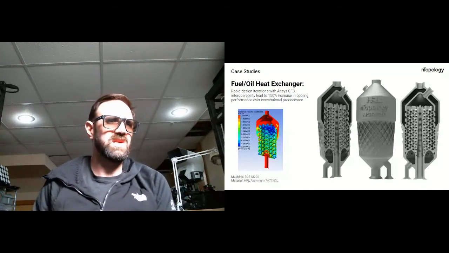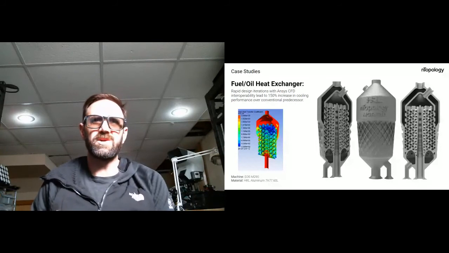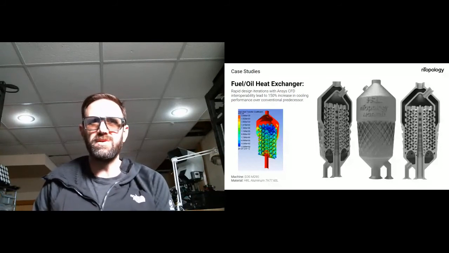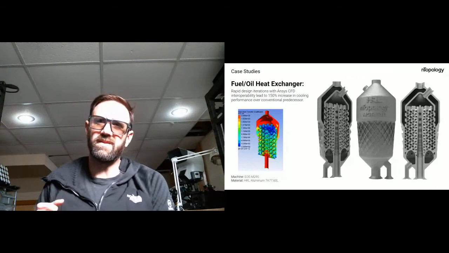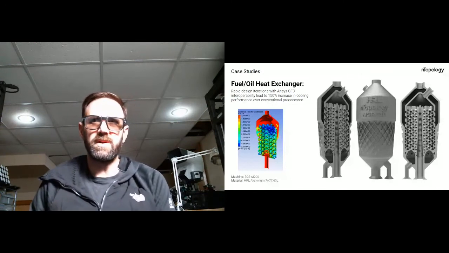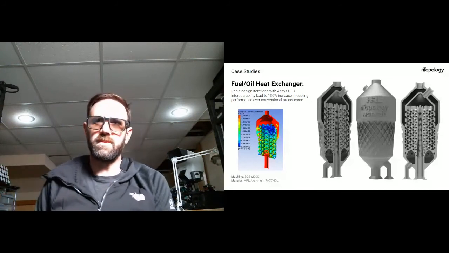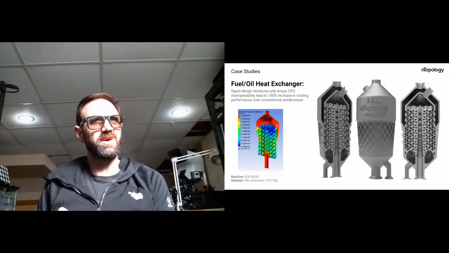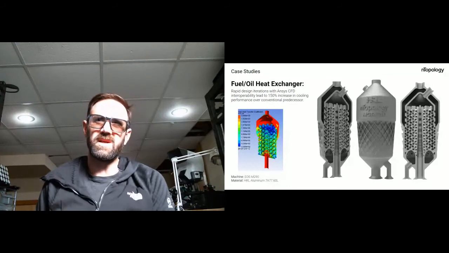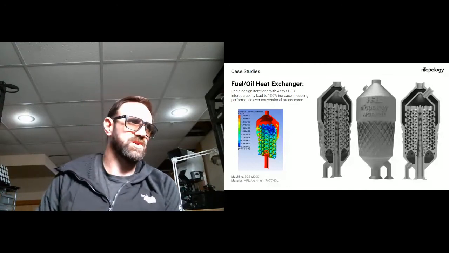And by using this 7000 series aluminum, we're able to use a thinner wall than we could with an AlSi10Mg, like the Scalmalloy or cast aluminum that's common in additive manufacturing. And so we were able to get even higher performance based on minimizing the wall thickness and increasing the surface area. Those two things matter most to this geometry.